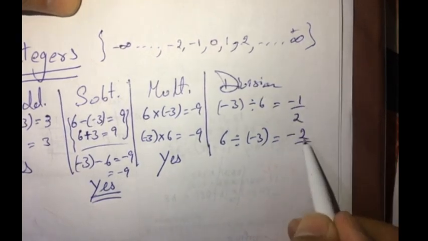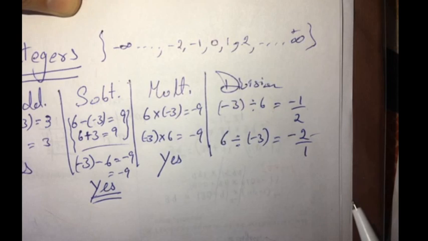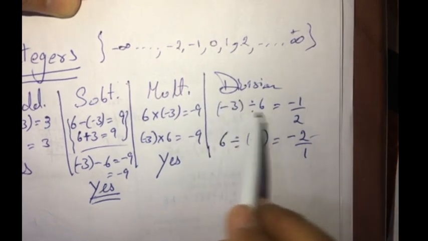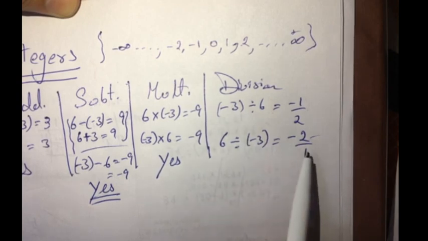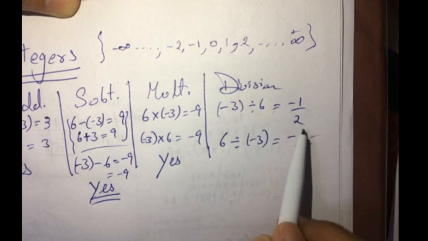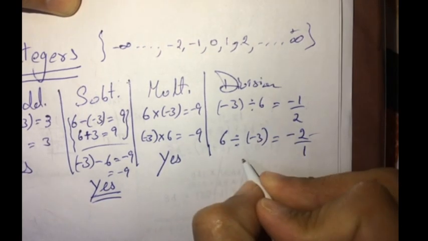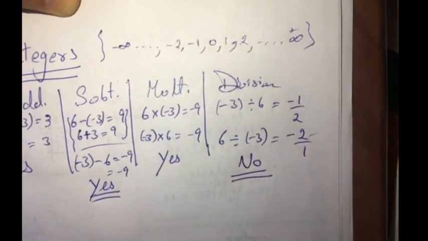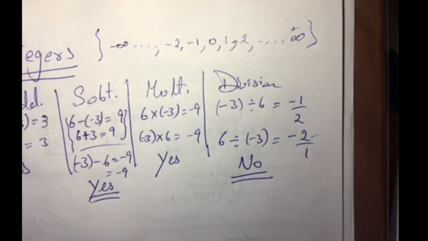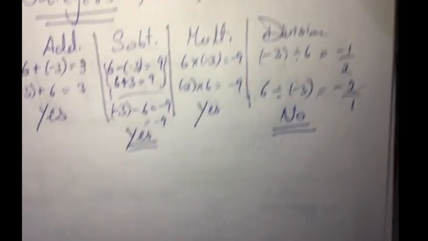This is a rational number, but it cannot be considered an integer. So when we are dividing two integers, in some cases it is giving an integer, but in some cases it is giving a rational number. So no, it does not work over here. Closure property for integers does not work in division.